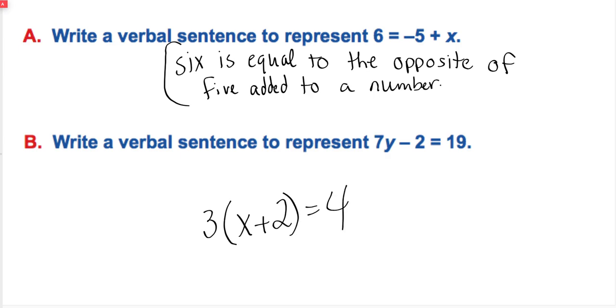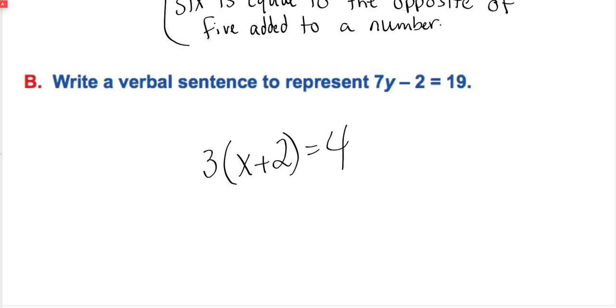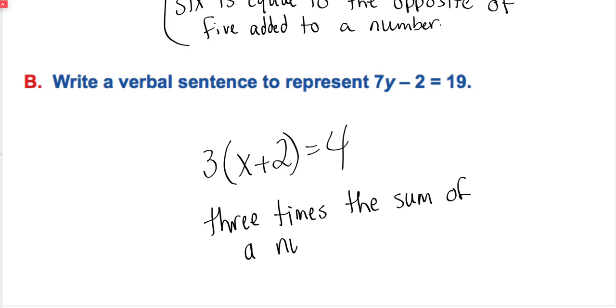One that's a little bit tricky that you're going to see on your worksheet, you might see something like this, okay? The way you would write something like this is you have to try to get something in your words to say that those are being added together first, okay? So the way this could be written is you could say 3 times the sum of a number and 2 is 4.